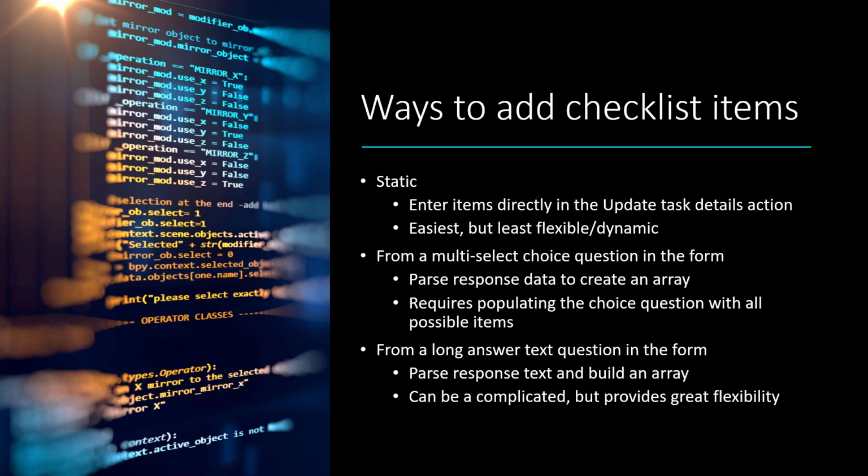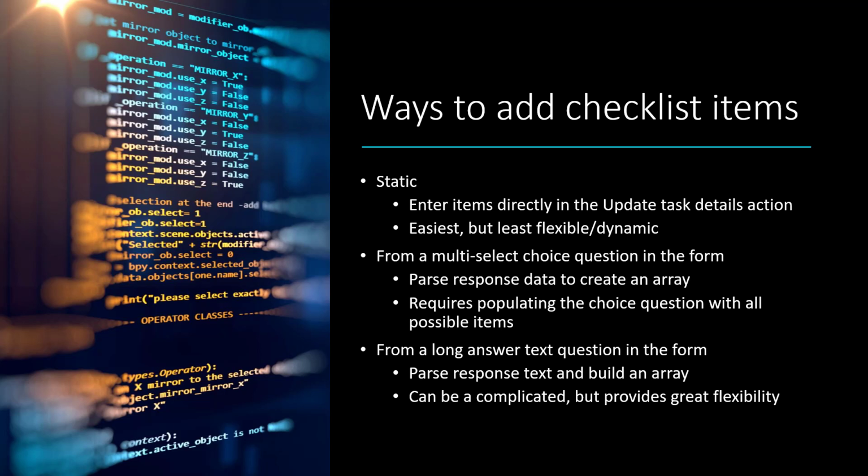The third practical option here is a long answer text question in the form. And this gives us the flexibility to let the person submitting the form type in what those steps should be. We do need to give them a little instruction of how to separate them.